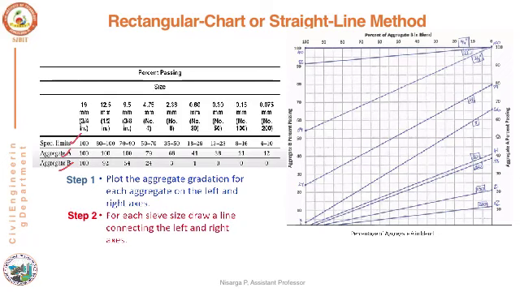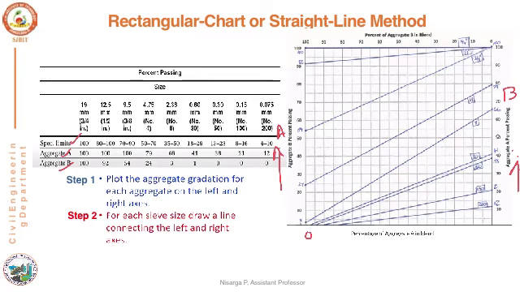On the graph, you have to mark the values 0, 10, 20, up to 100 on the y-axis. The y-axis values will represent the percentage passing of aggregate A and aggregate B respectively.